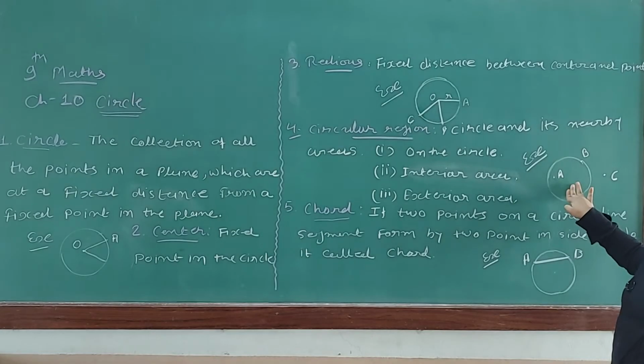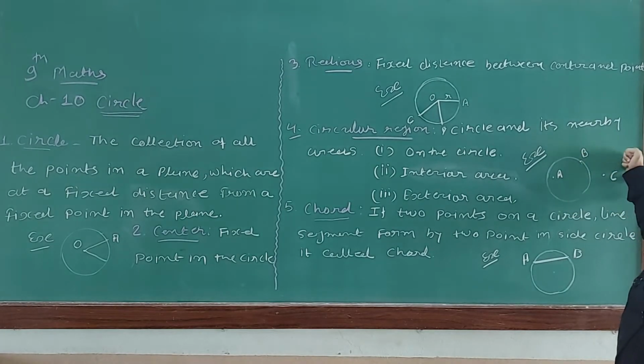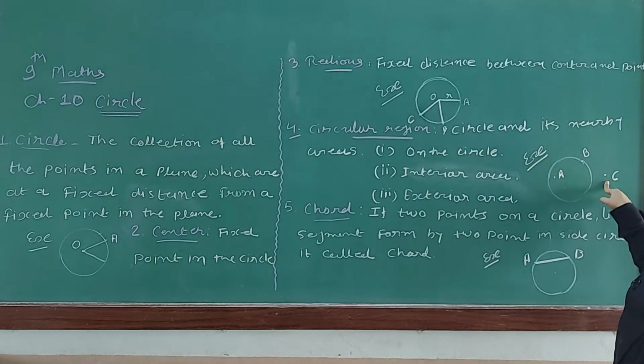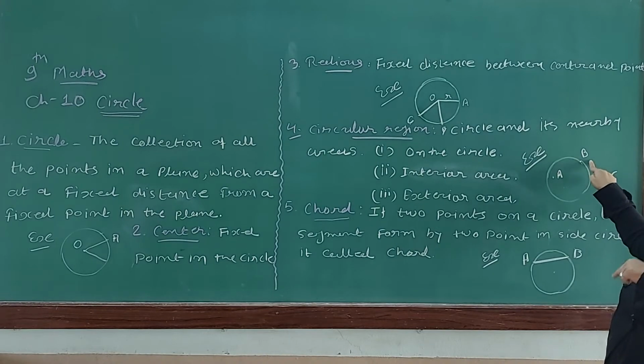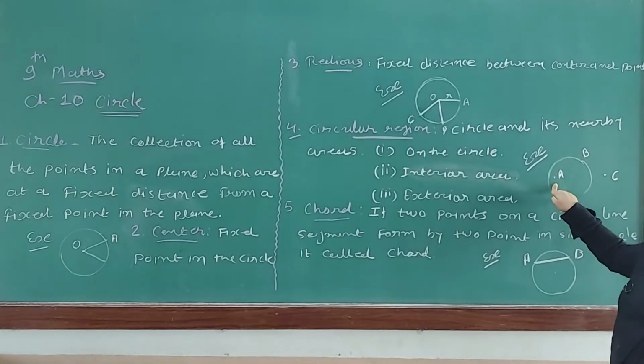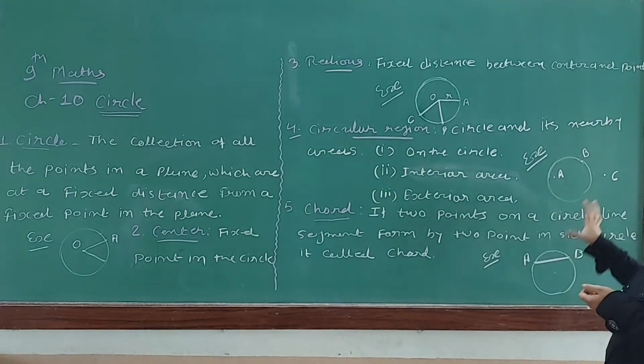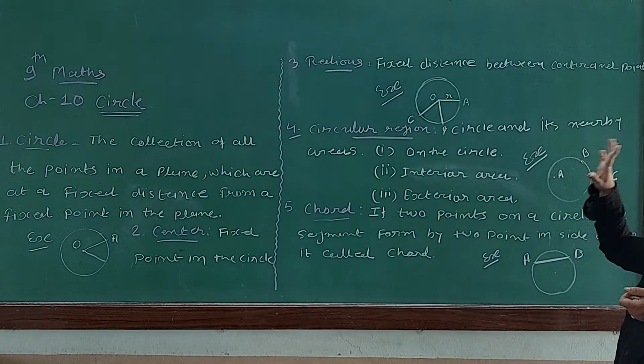And the exterior area means the outside of the circle, here is point C. So on the circle, interior area of the circle and exterior area of the circle. So here is the example of a circular region.